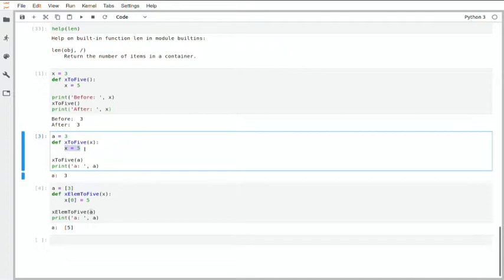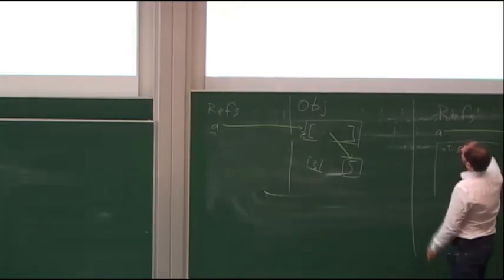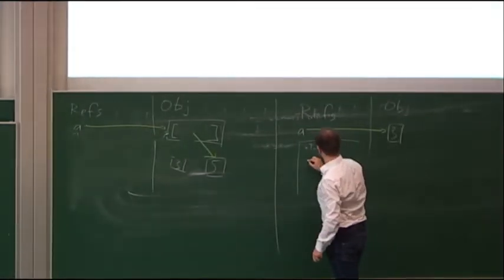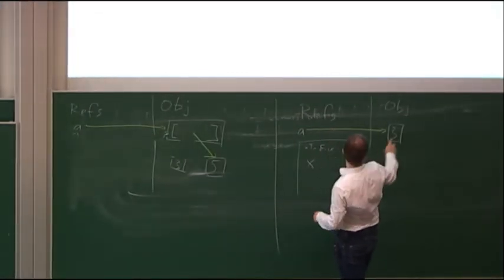Now we call the function, and in the moment that we call the function, here we have x to 5. We create this local scope with this local variable x, and x now points to the same object.